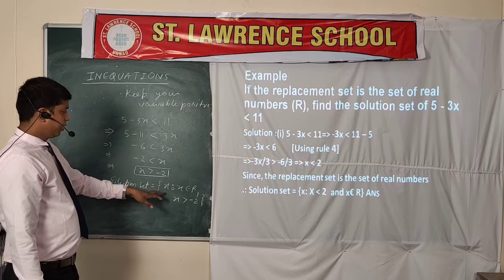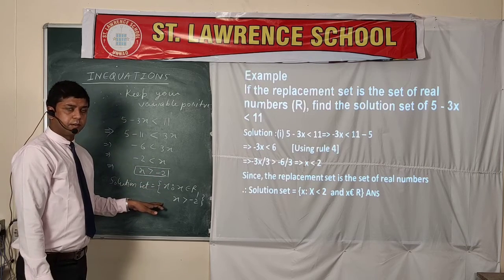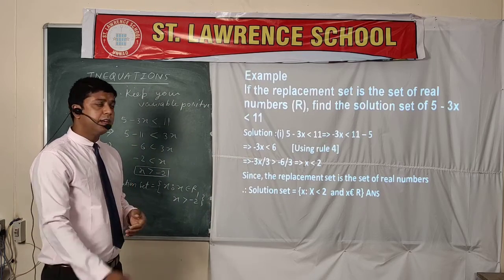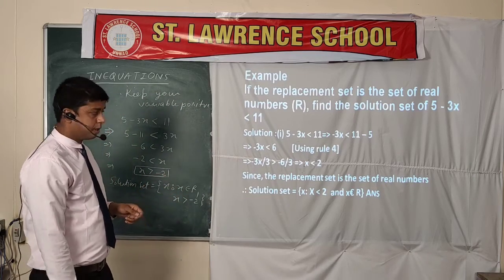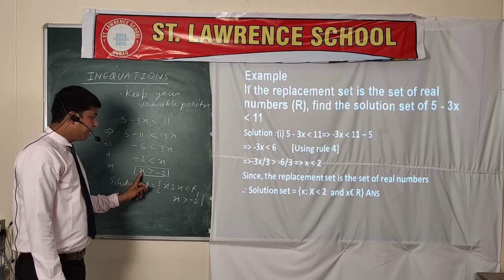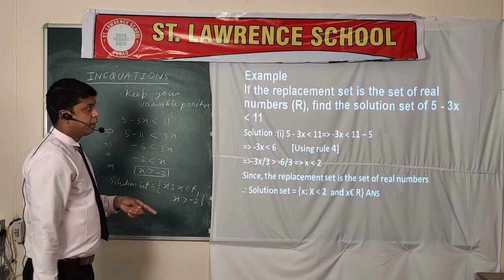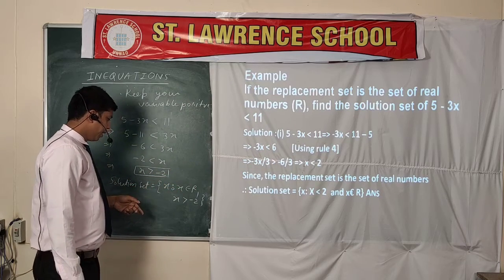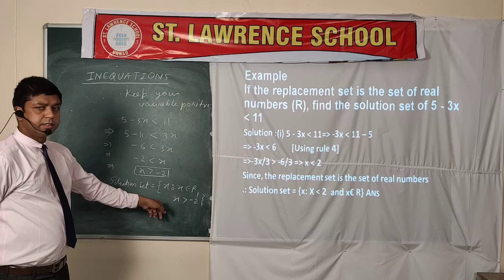This form of writing a set is called set builder form. Your replacement set means where you select the values of the variable from. You have to select values of x greater than minus 2 from real numbers, so R is your replacement set, and whatever you write here is your solution set.